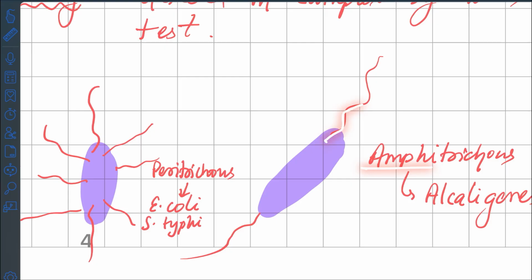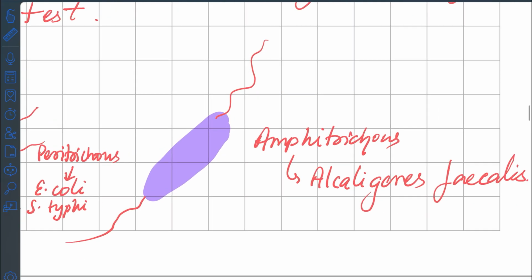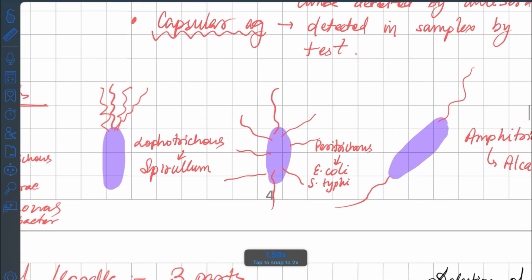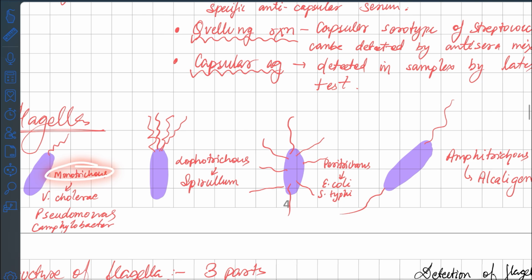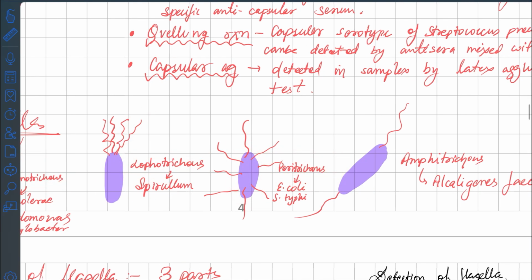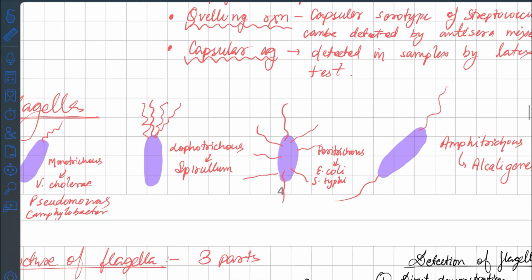So there are two flagella present, one at each end. It is seen in Alkaligenes faecalis. So we saw four arrangements: monotrichous, one end single flagellum; lophotrichous, one end many flagella; peritrichous, all over the surface, many flagella; amphitrichous, two flagella, two ends. Just remember it this way.